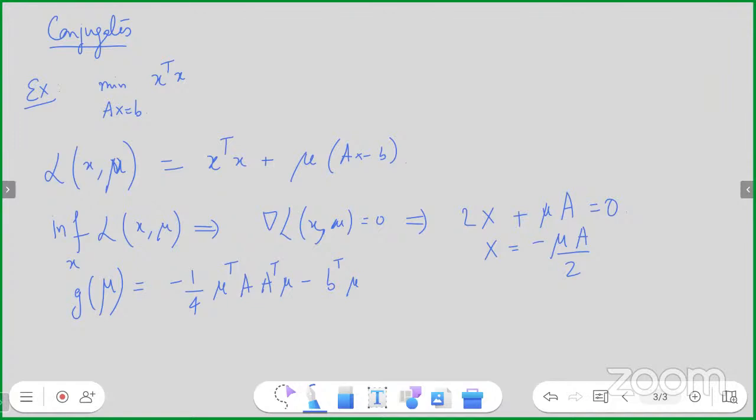What kind of function is L of x comma mu? Convex. And we're taking infimum of convex functions. We proved something. Did we?